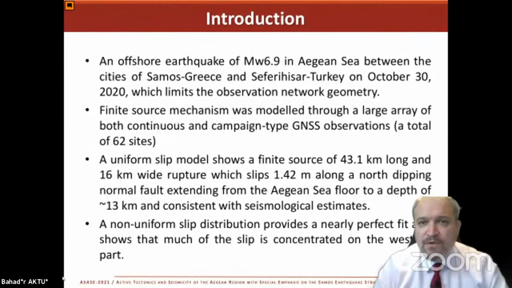And that rectangular finite fault lies down to 13 kilometer depth. We also observed that some sites close to the epicenter could not be modeled sufficiently, so we provide the distributed fault model, which provides a nearly perfect fit to the observed surface displacements.